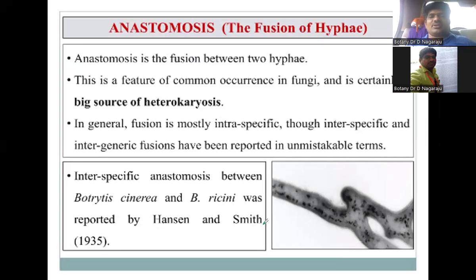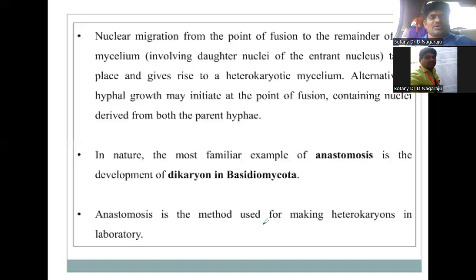And anastomosis, as we studied in heterothallism, involves two different strain thalli, where two genetically different nuclei are mating. Genetic modification with high frequency and high potentiality will gather. Interspecific anastomosis also happens between Botrytis cinerea and Botrytis allii, not only within the same species.